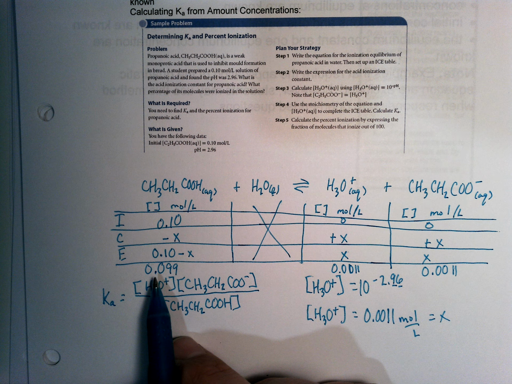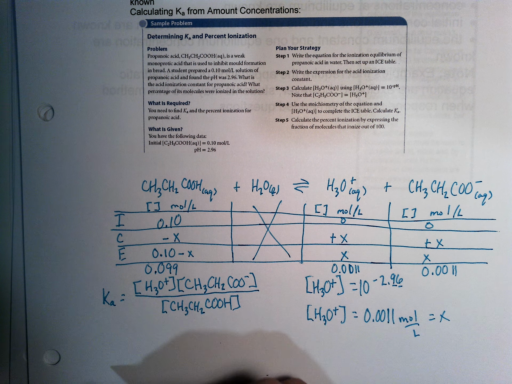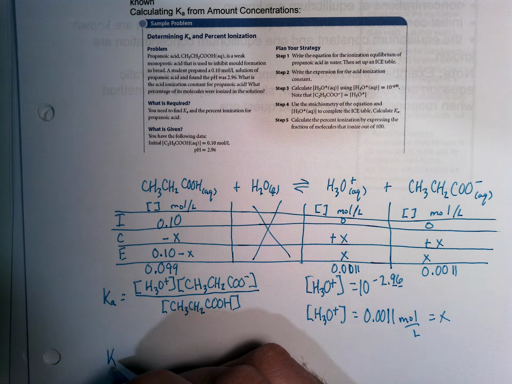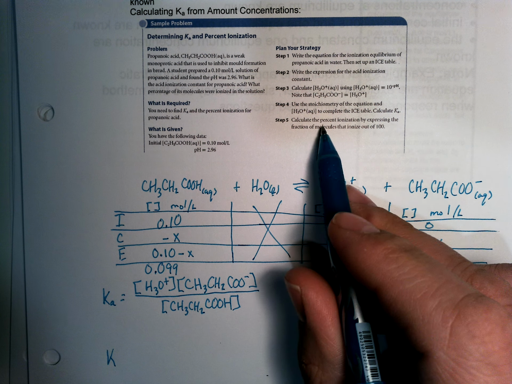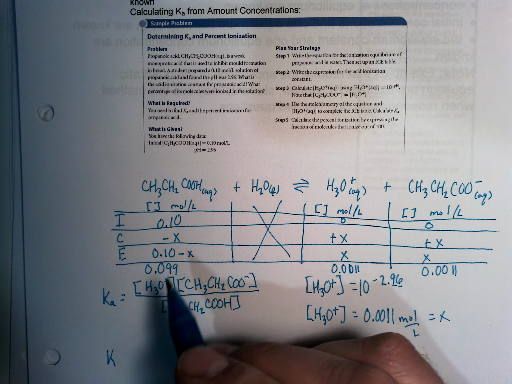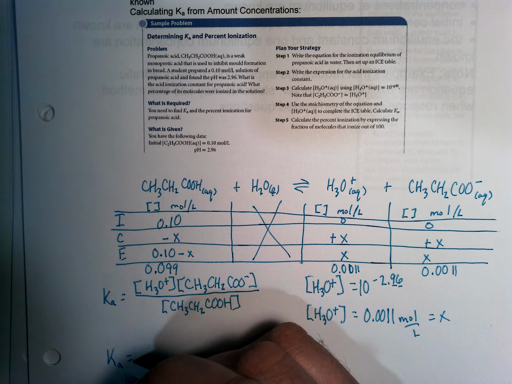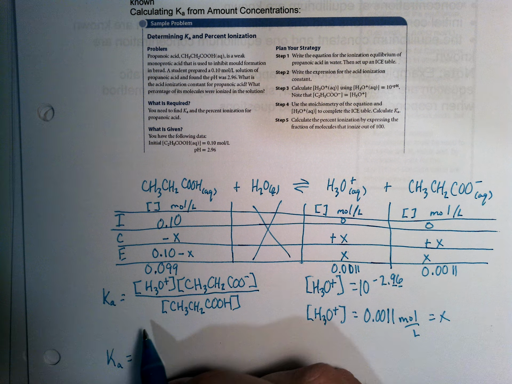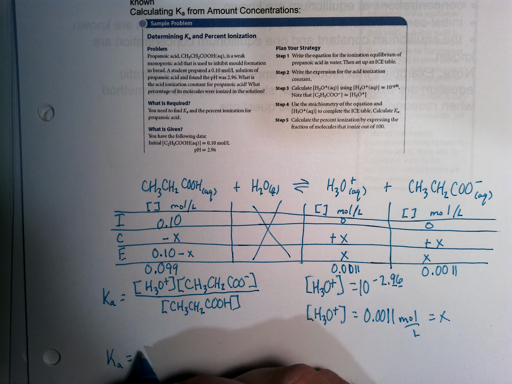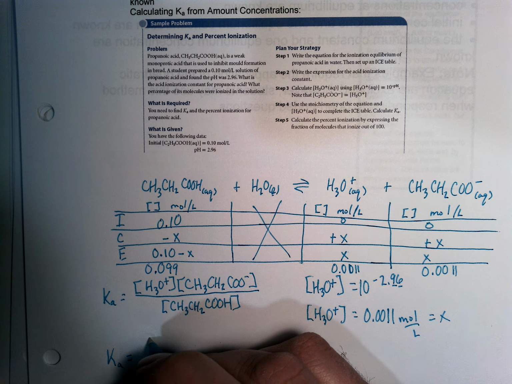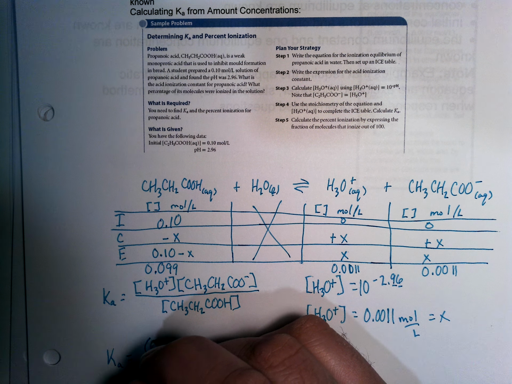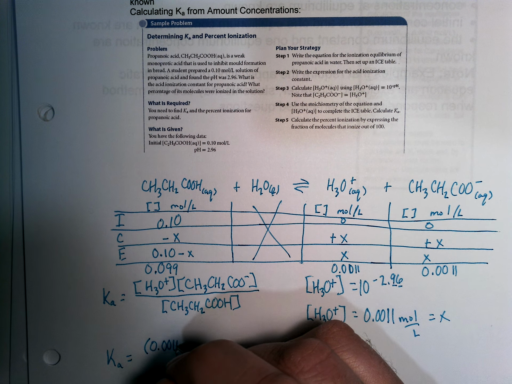Now I have all my values at equilibrium, so I can put them into my Ka expression. So we have hydronium, 0.0011.